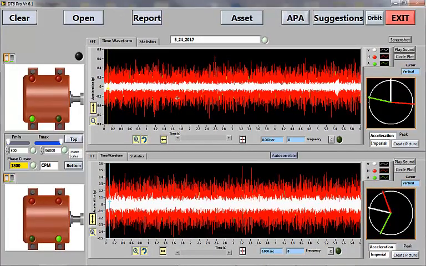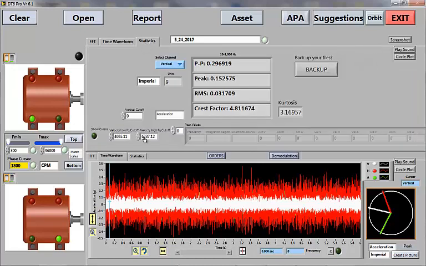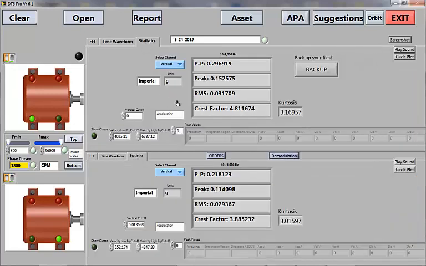So that shows in the time waveform, just based on looking at this, what characteristics our fault has. And if we go to the statistics on the pump side, we see crest factors that are a lot bigger. Like right here, 4.81, right? Now we're getting up there.